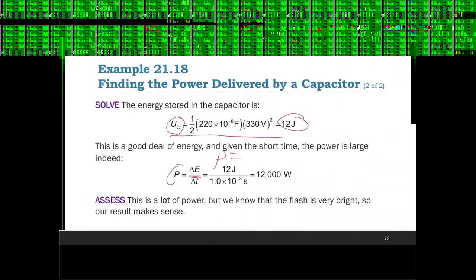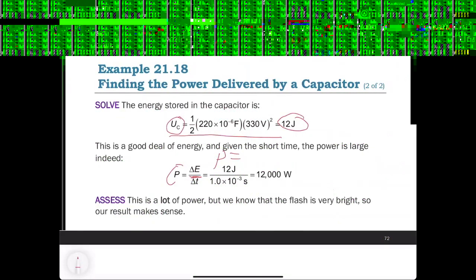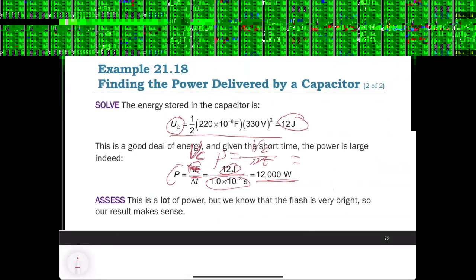Because we know the capacitor discharges in a time of 1 millisecond, this energy is released in 1 millisecond. So it should be U_C. U_C divided by delta T equals this one divided by this one, and then we get a power of 12,000 watts. This is a lot of power, but we know that the flash is very bright, so our result makes sense. This is a typo, and I will modify it later.